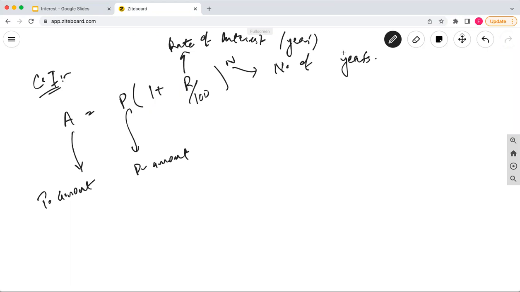I just wrote rate of interest per year per annum, but there will be a bit of difference if the question asks that the rate of interest is not per year, but per quarter of a year, per semi-year, per month, per day. Then there will be a bit of change in this formula. Before getting into that, let's understand how this formula is made.